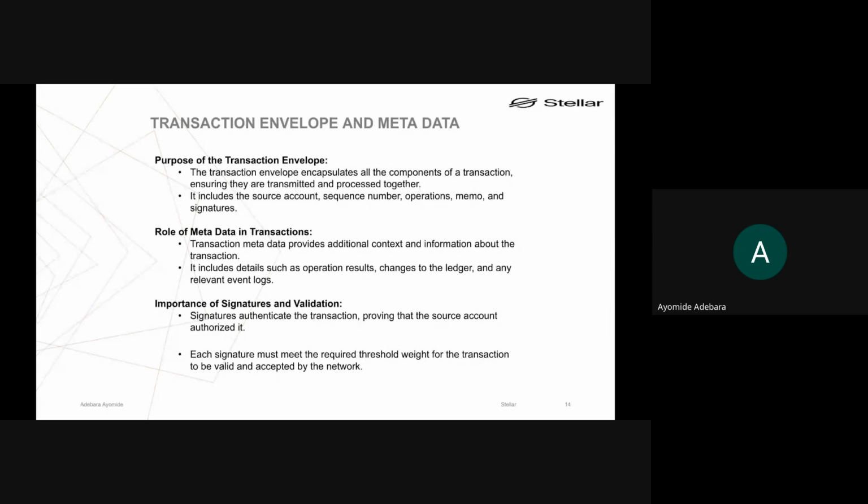I think I should look for a transaction that has so many operations. Let me share my screen, and we look for a transaction that has so many operations, and we use this to explain the transaction envelope.